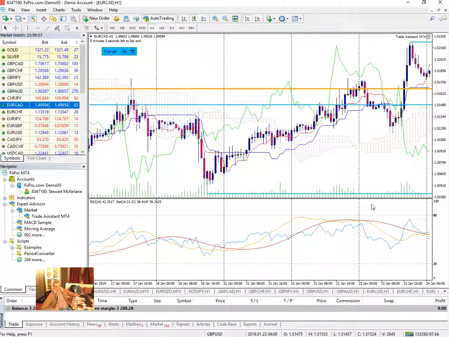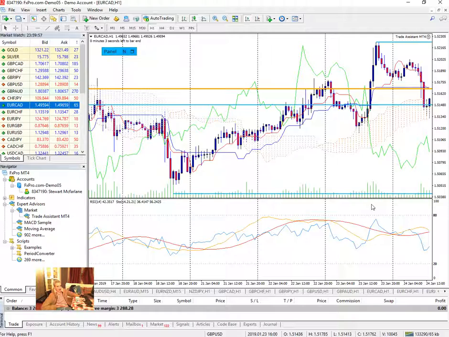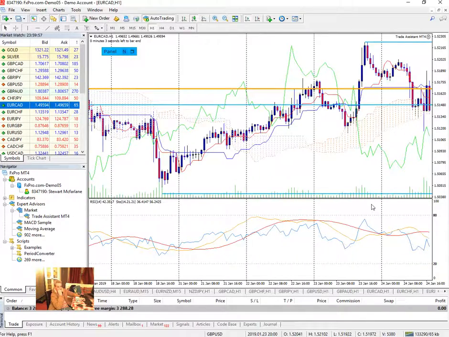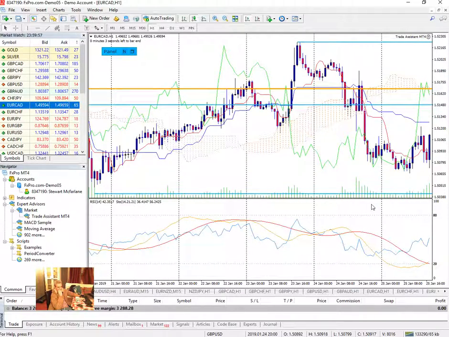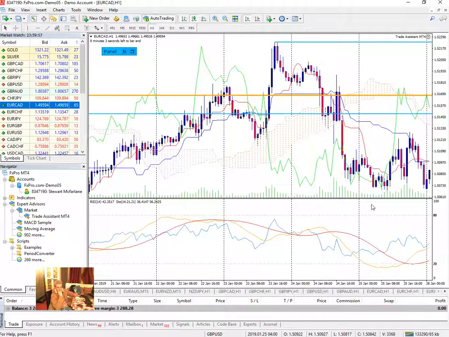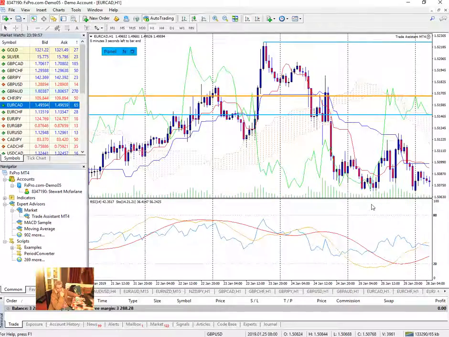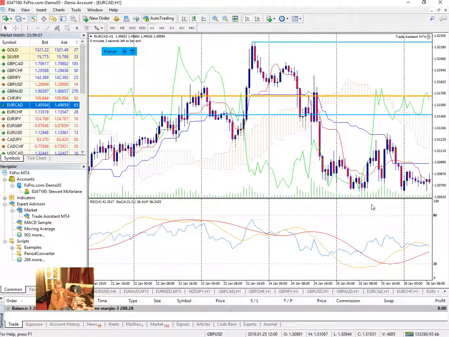Gives you an early indication. So there's a little bit of divergence there.